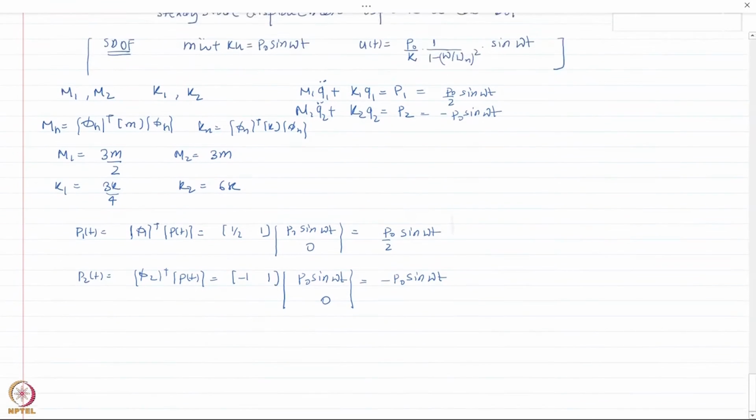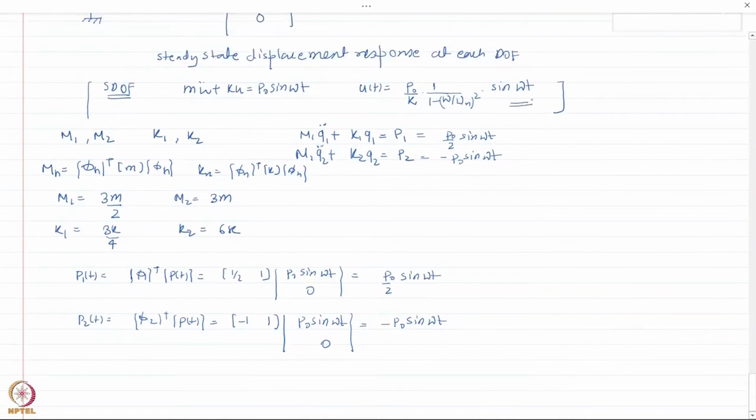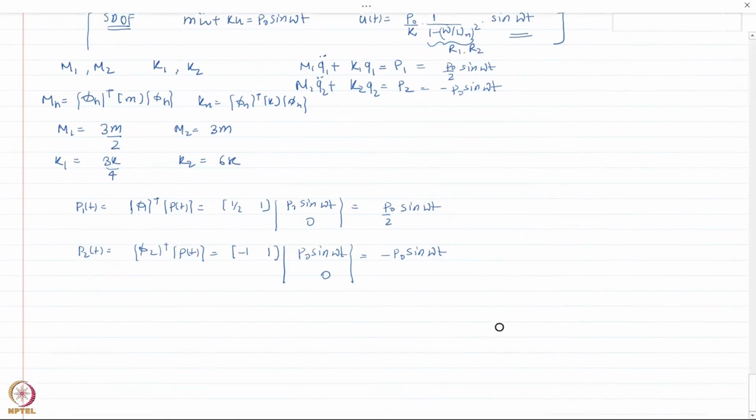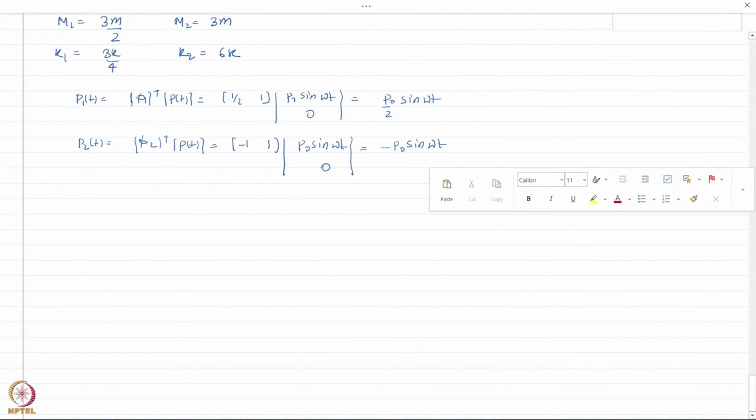We can utilize the general solution to write this down. Now remember what I'm going to do here. I'm going to write the response modification factor for the first mode as R1 and for the second mode as R2, so that I don't have to keep writing the same ratio again and again. So Q1(t) is the amplitude of the applied force, which is P naught by 2, divided by the stiffness for that mode, which is K1.